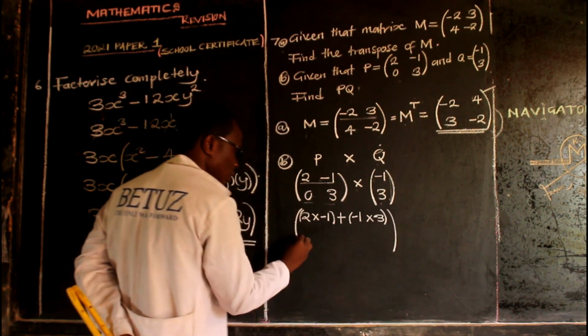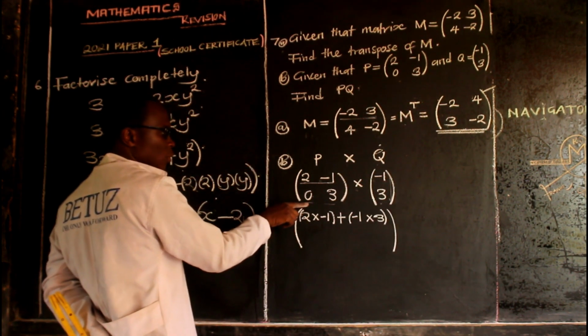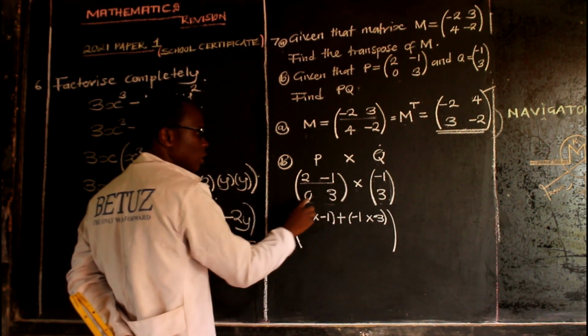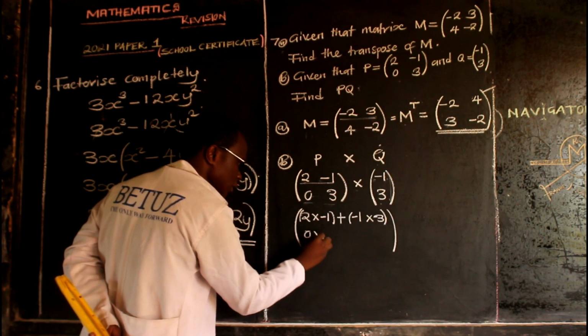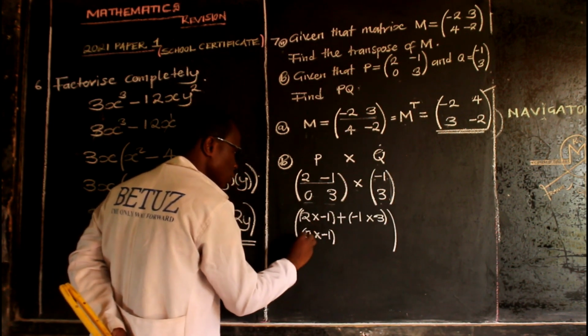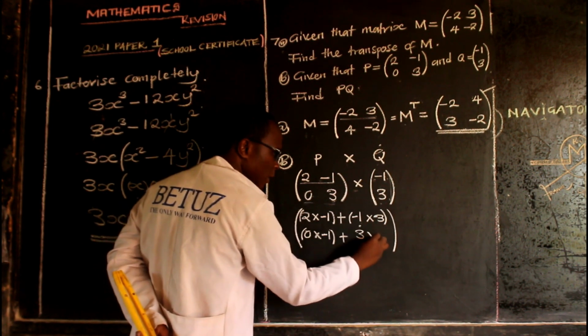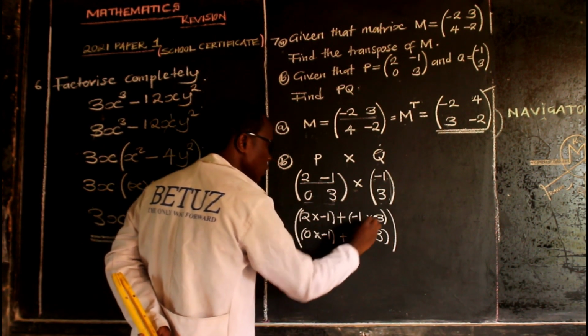Then we also need to multiply this row by this column. So 0 times negative 1, plus 3 times 3.